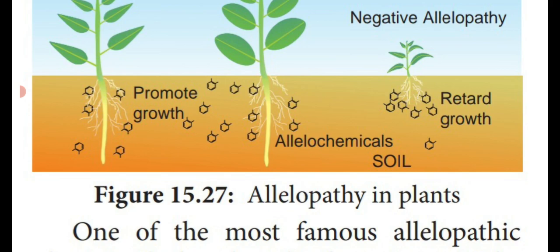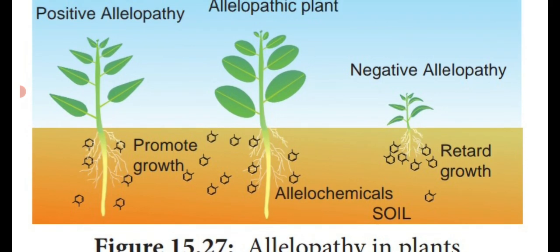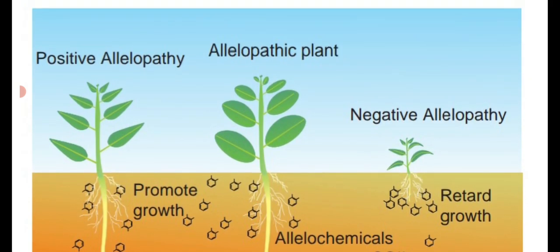These allelochemicals affect the growth, development and reproductive process in the plants. If they are showing the positive character, it is positive allelopathy, and the growth, development, reproduction and everything is normal in the plant.